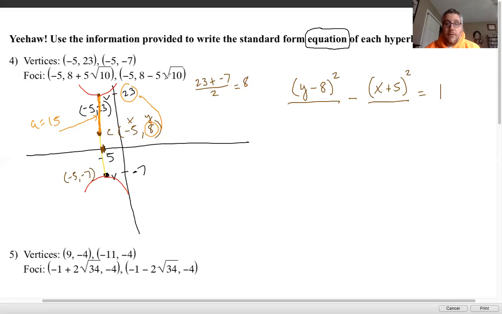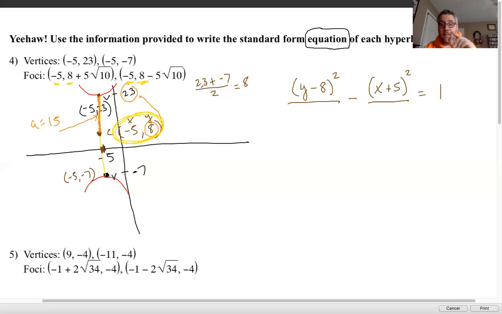Now, we have to work smarter, not harder. Our center is at -5, 8. If you're a good inspector, you'll notice that -5 and 8 are part of both of these foci coordinates, but in addition to the 8, you add 5 root 10 to the y value here, and you subtract 5 root 10 to the y value here.